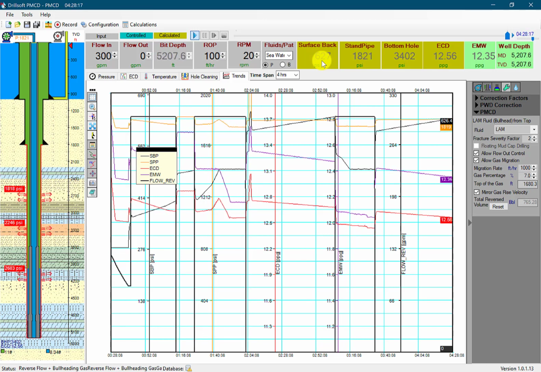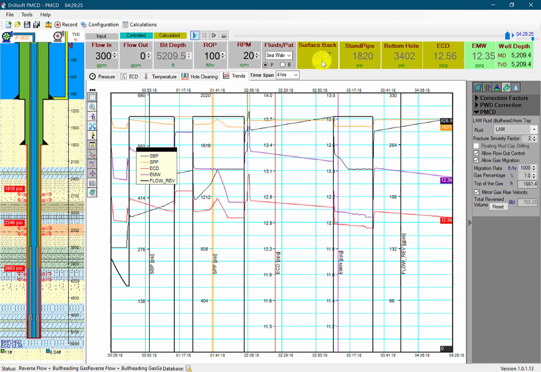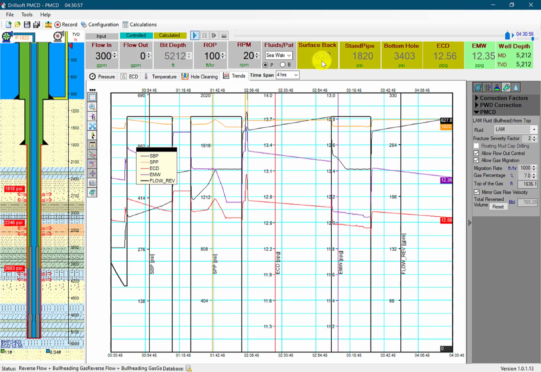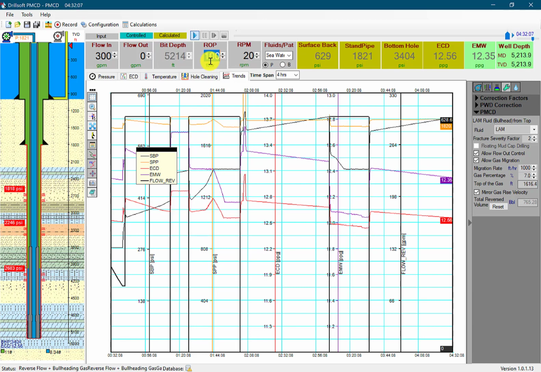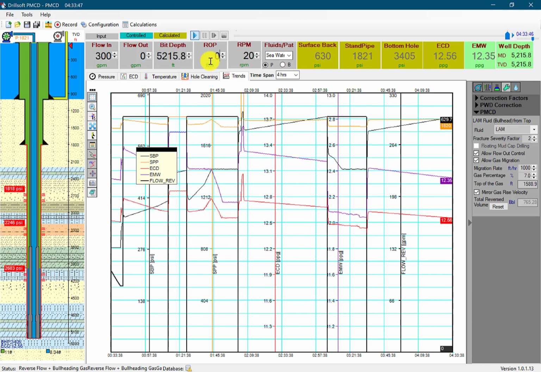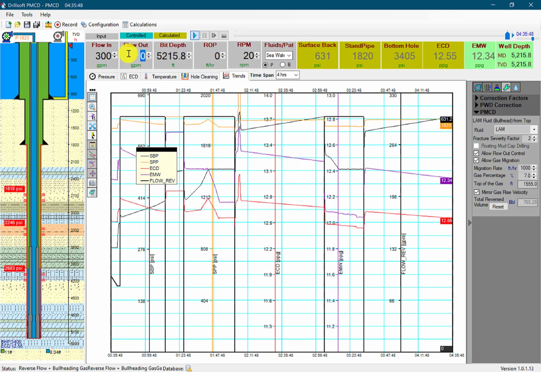So the surface back pressure is almost at 630 psi. So when this happens, we can go ahead and stop drilling and begin bullheading.